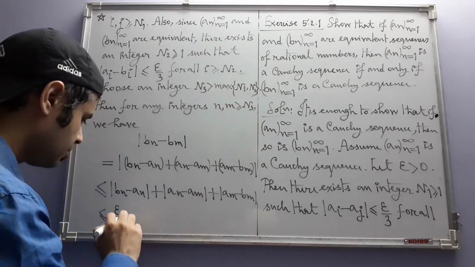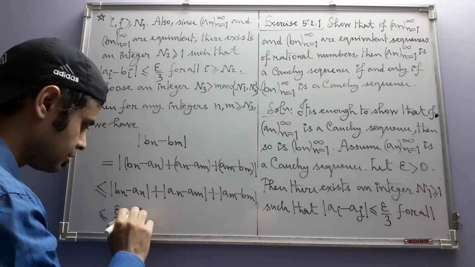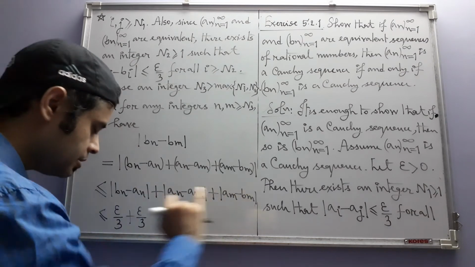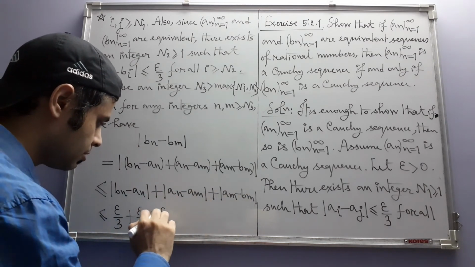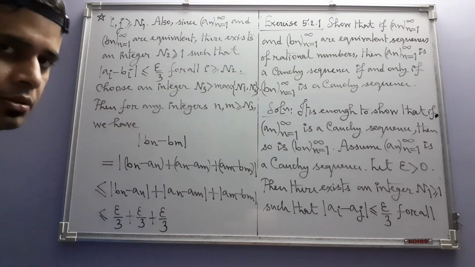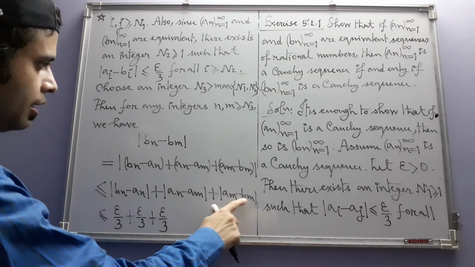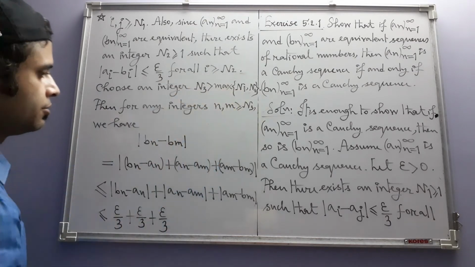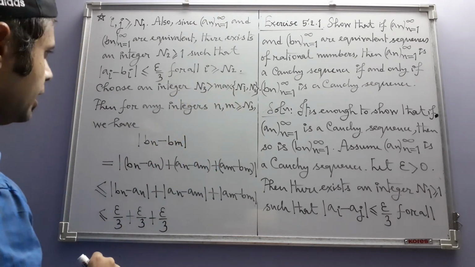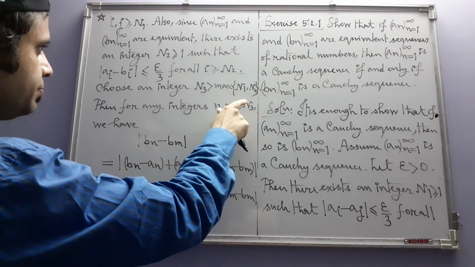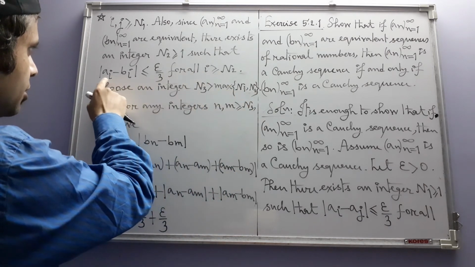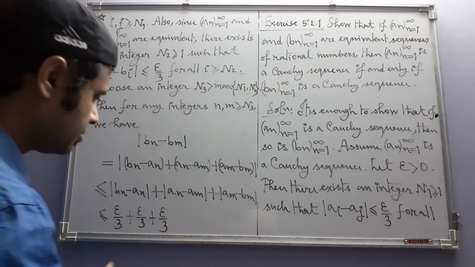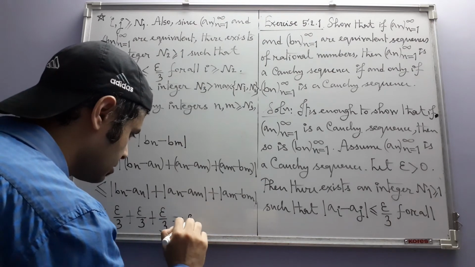So this second absolute value is also less than or equal to epsilon by 3, and because of a similar reason, this absolute value is also less than or equal to epsilon by 3, and that is because m is greater than or equal to n3, and as such it is greater than or equal to n2, and that's why we have absolute value of am minus bm less than or equal to epsilon by 3. So this now gives us epsilon.